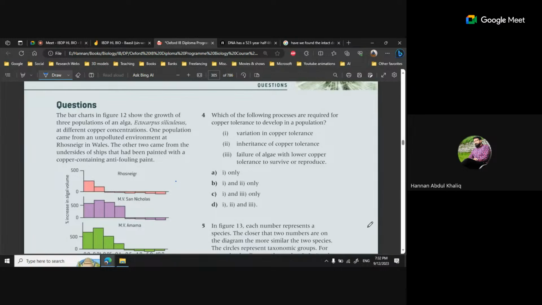If you follow the exercise, you would keep in practice, practicing the questions from the exercise as well as the past papers, so it would be better for you.